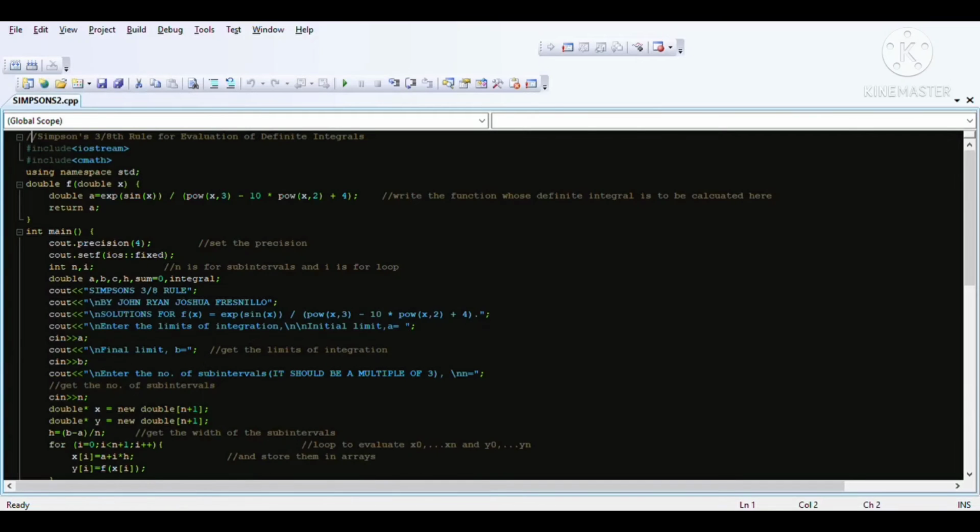This is the subject of the program, and we include iostream, include cmath, using namespace std, then double f of x. We will use the example given in Excel: e raised to sin x over x cubed minus 10x squared plus 4.